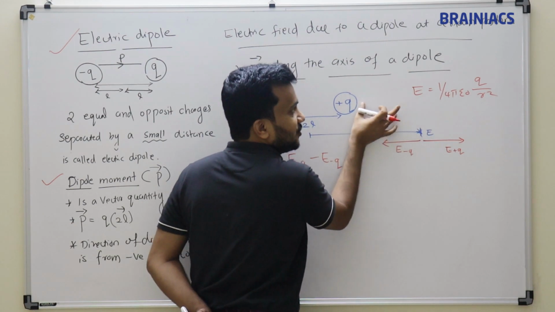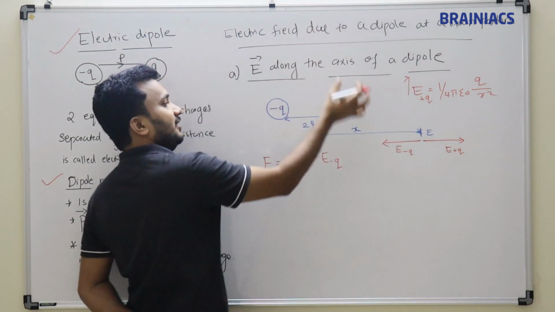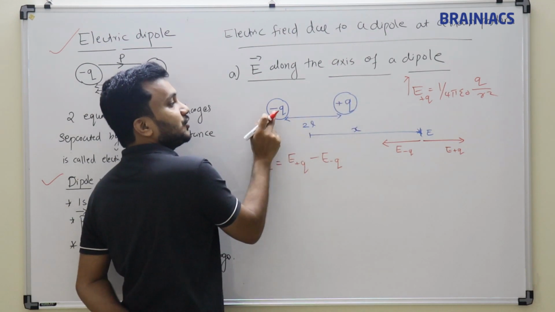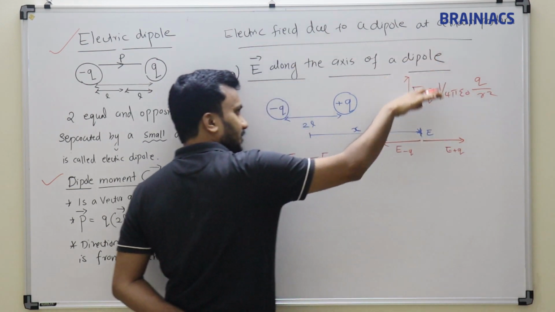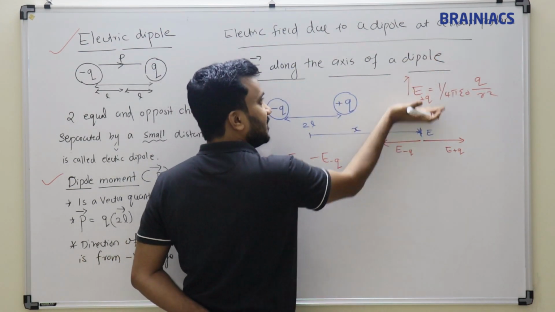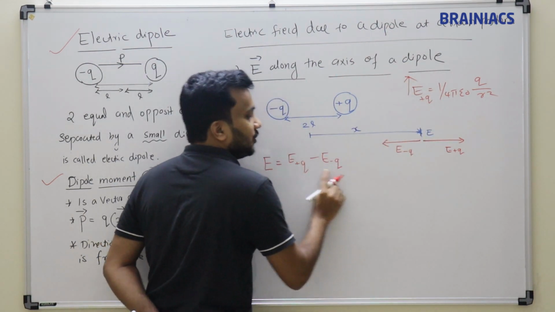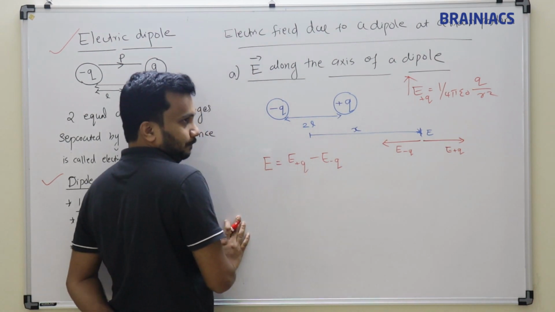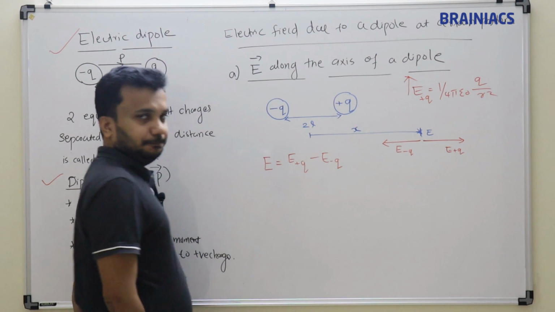If this distance is shorter, the E value for plus q will be very high compared to minus q, because minus q is far away. So a large distance means E minus q is less. Here it is a shorter distance, so E plus q will be higher. That's the reason I have taken E plus q minus E minus q, because this is the largest quantity and this is the smallest quantity.